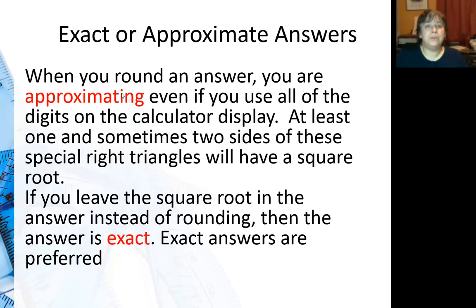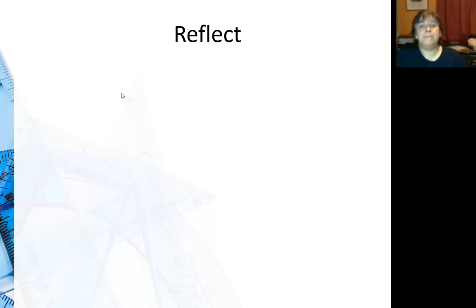Square roots are irrational numbers, which means that if you try to write them in decimal form, they will go on forever and they won't even repeat. All right, so if you leave the square root in the answer instead of rounding, that's my preferred, then the answer is exact. All right, so in most of the work I'll do tonight, you can see that I leave the square root on there.